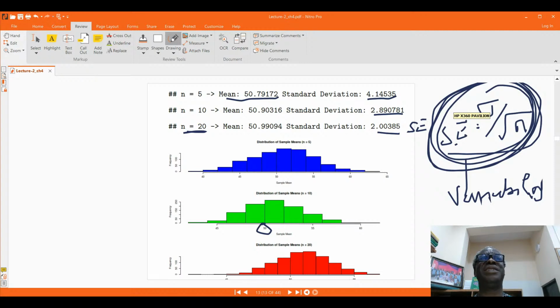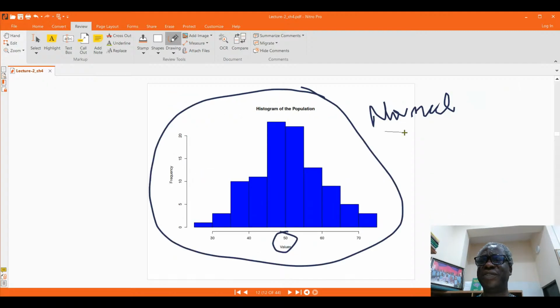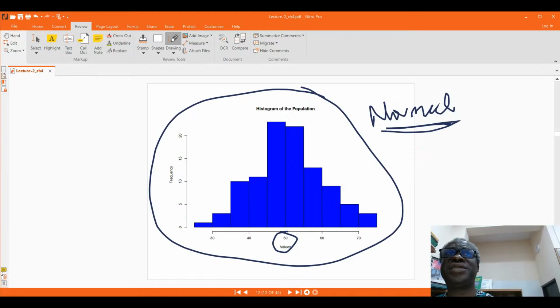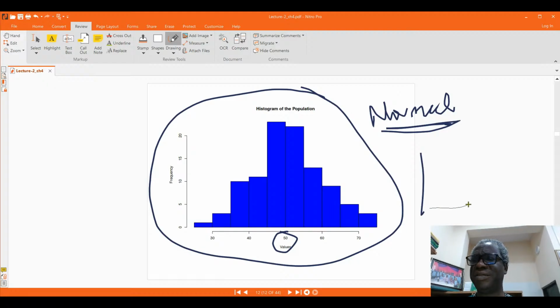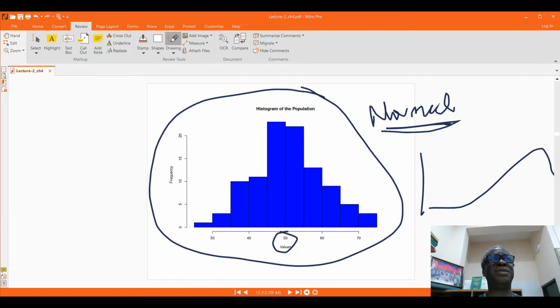But suppose the shape of the parent population is not normal, which can happen. Maybe it's skewed. Maybe it has something like this. It's skewed.